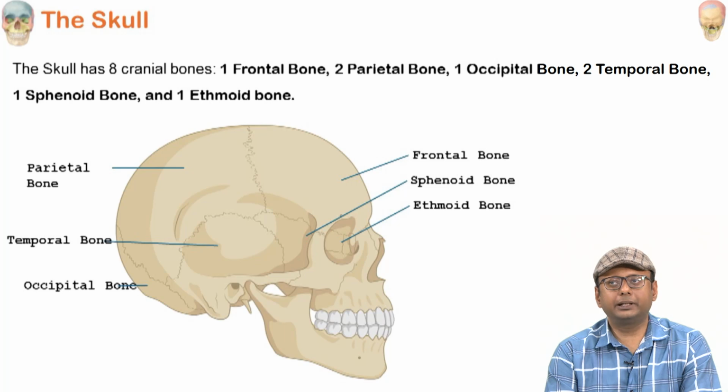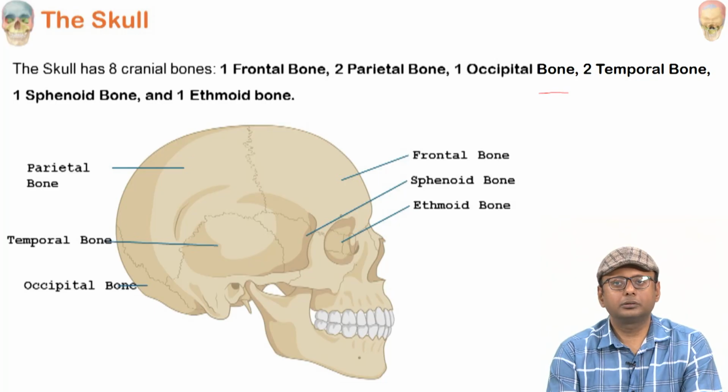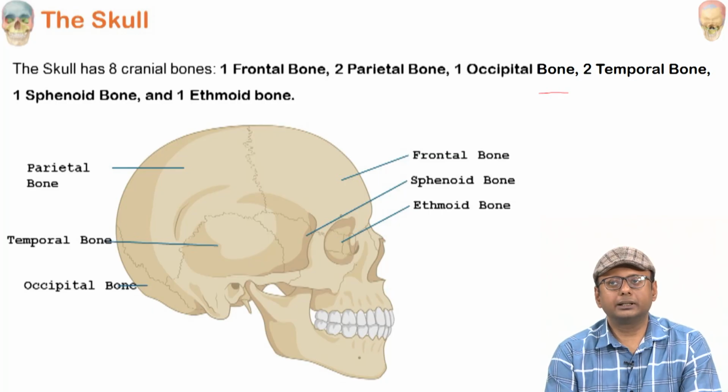Then we have one occipital bone here, and two temporal bones in the temporal region, and one sphenoid bone and one ethmoid bone. So in total we have 8 skull bones present in the skull.